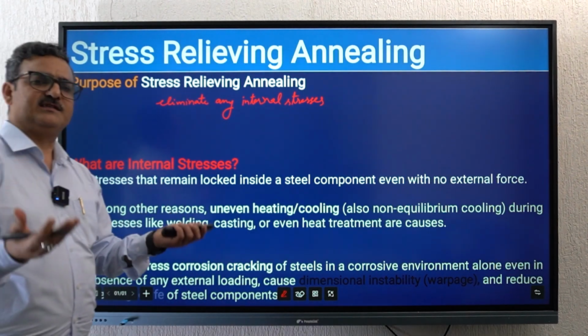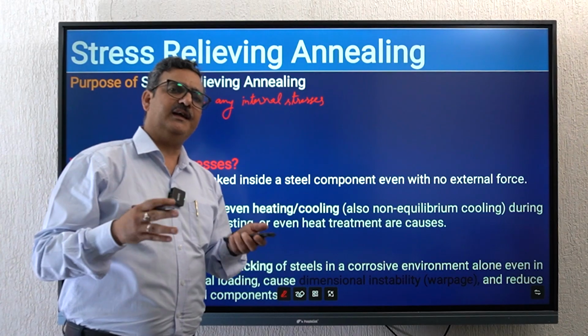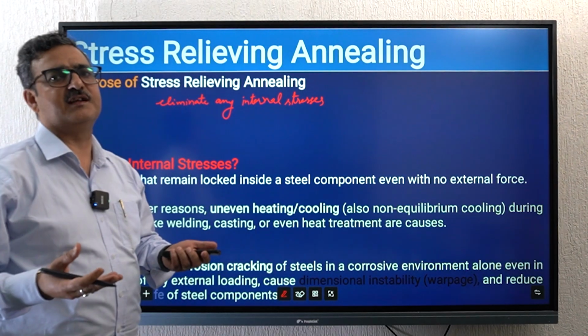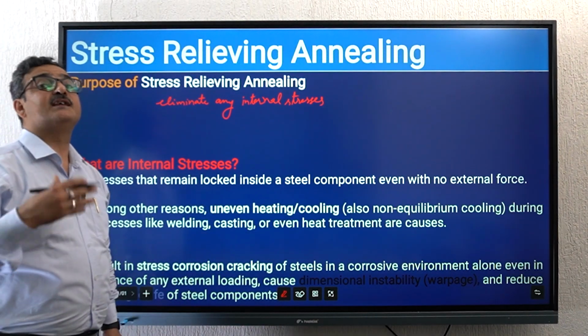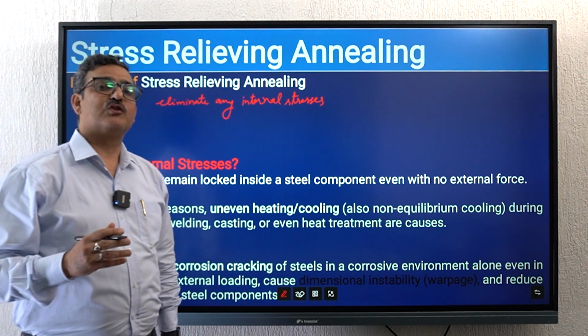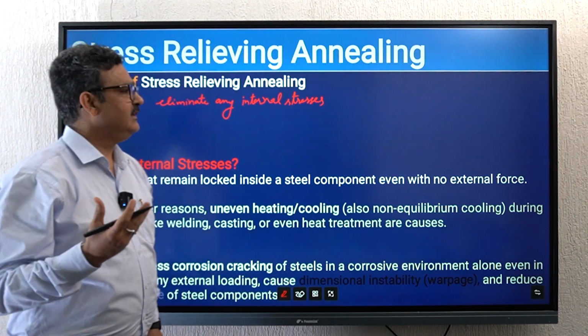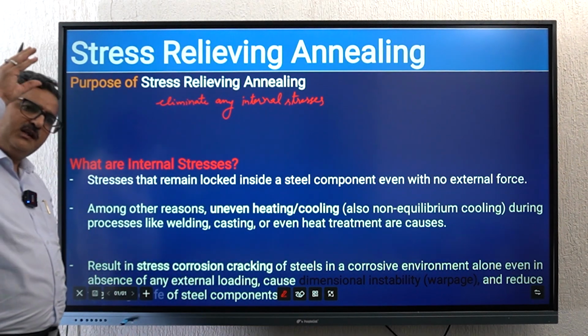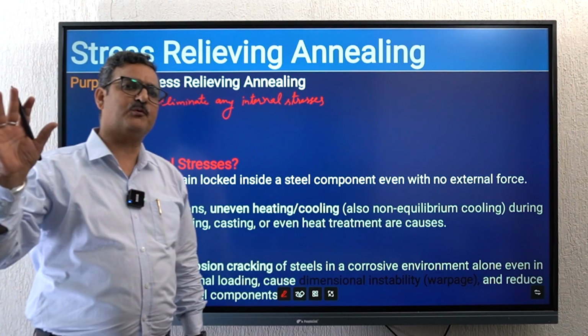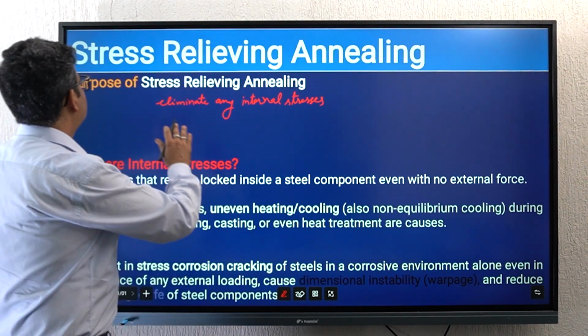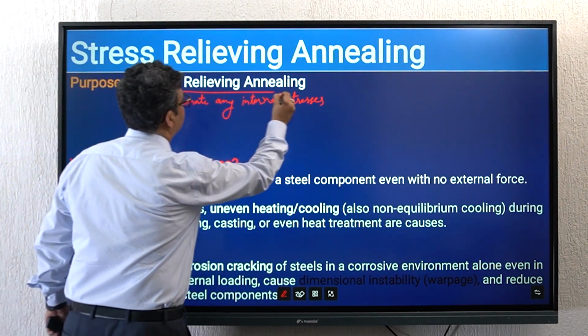So for any reason, if steel contains internal stresses, which are also called residual stresses or locked in stresses, and the purpose is to eliminate them and there is no other problem in the steel component, the choice always is stress relieving annealing.